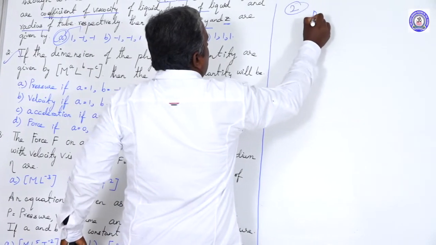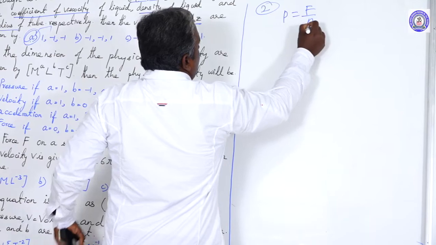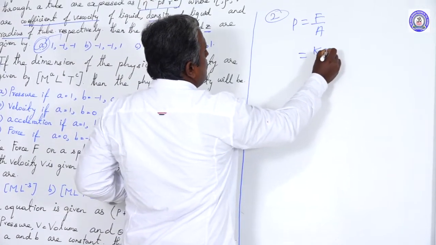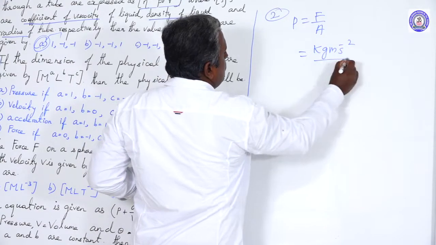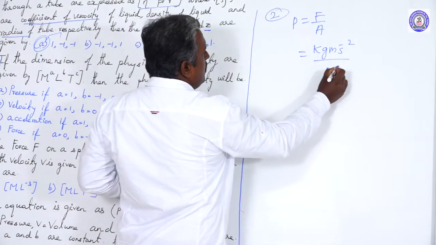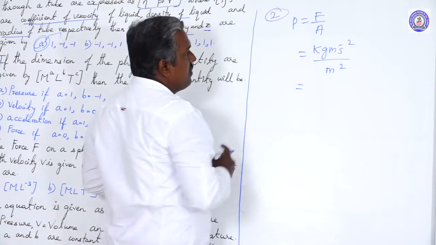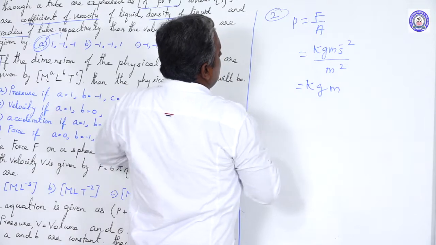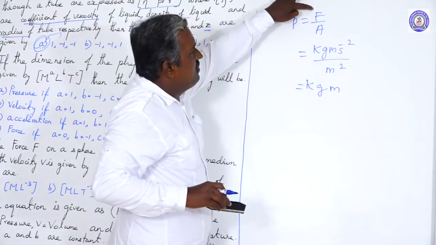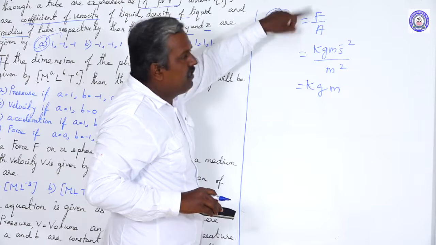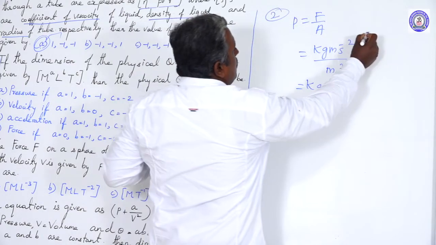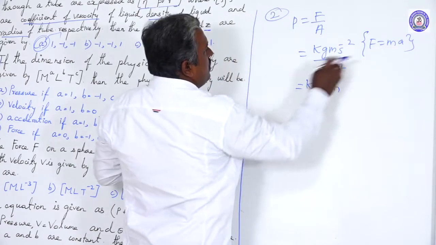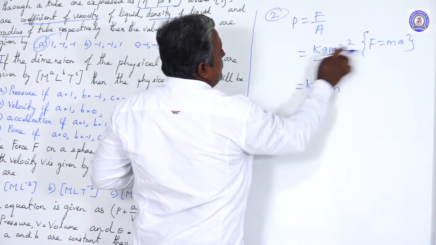What is pressure? Force by area, no? Therefore, what is force? Unit for this: kilogram meter per second square. For area, meter square. Clear? So pressure is equal to force by area. For force, F is equal to ma, m means mass, a acceleration.